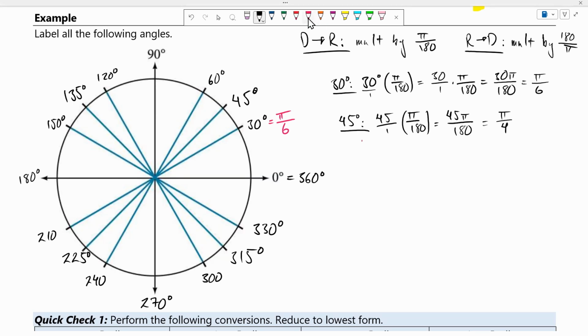Same thing as pi over 4. 60 degrees. 60 over 1, pi over 180. 60 pi over 180 is equal to pi over 3.